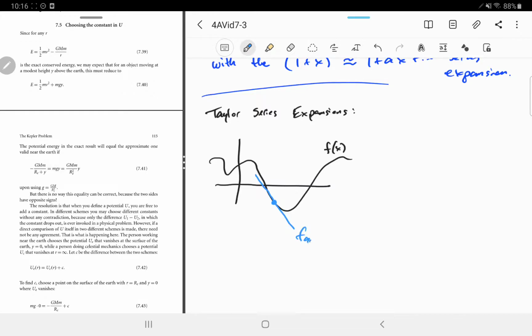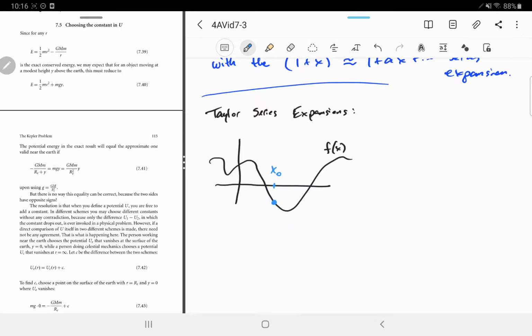So this would be approximating the function near our point. The point that we're approximating around is called x naught. So we choose a straight line that goes through f of x naught and also has slope equal to the slope of f of x at x equals x naught. So this would be the first order approximation to f of x.